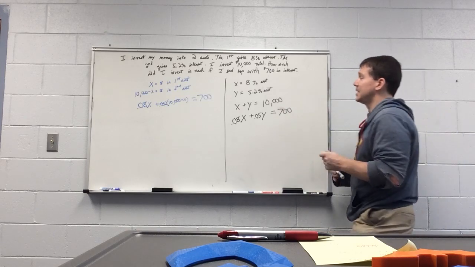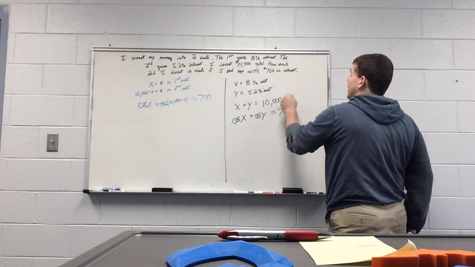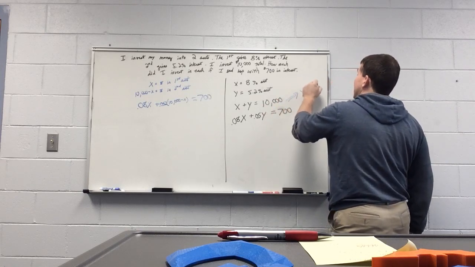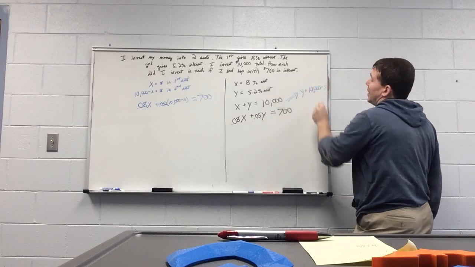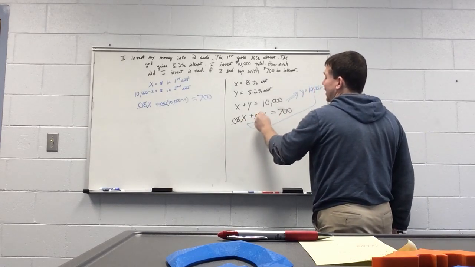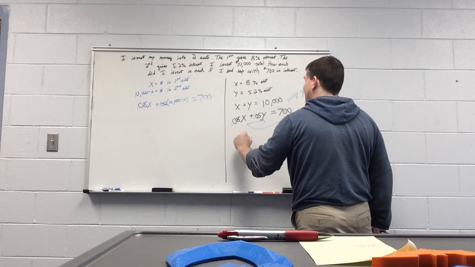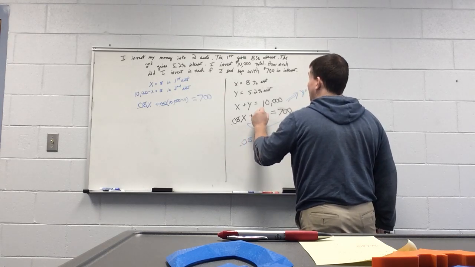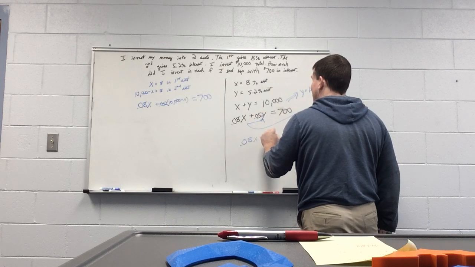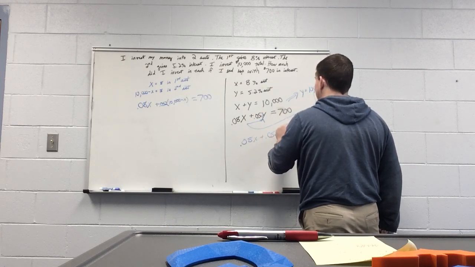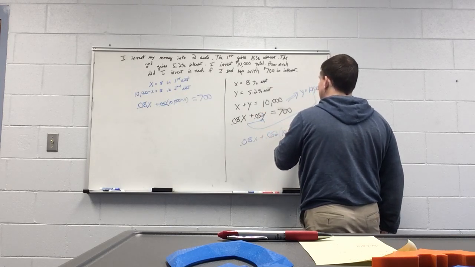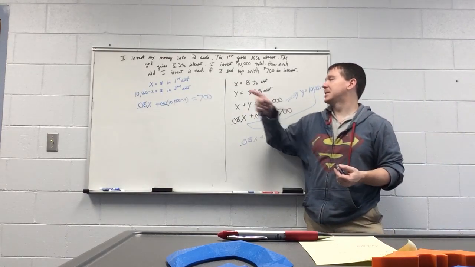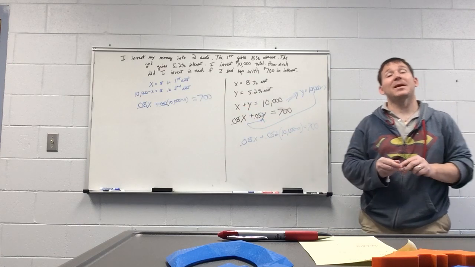And the trick here is, if I just solved the first equation with substitution for Y, I get Y equals 10,000 minus X. Then we stick that over here for Y, and we get 0.08X plus, I left off my 2, 0.052 times 10,000 minus X equals 700. Which is, of course, the exact same as that equation we had over there.